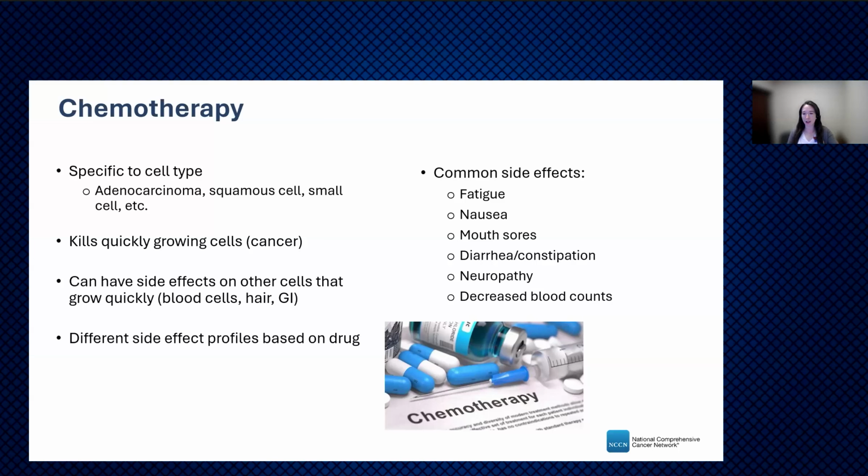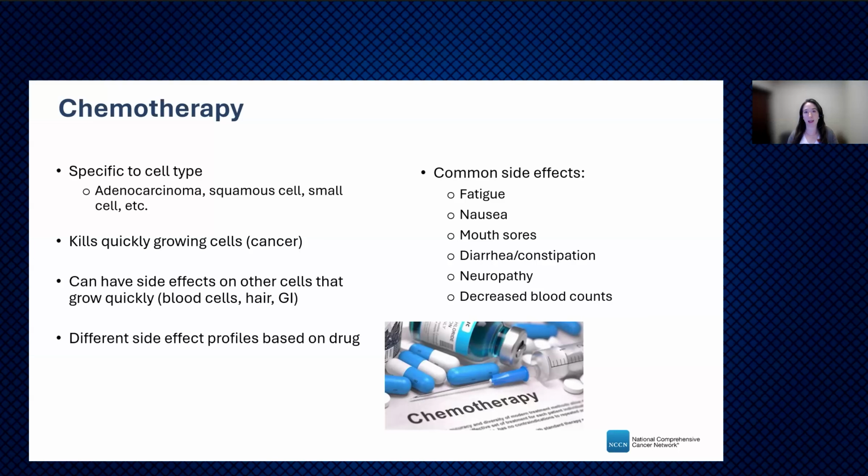I say diarrhea and constipation, opposite ends of a scale. I think patients can see either. And it's so important, you'll hear me say this multiple times, to communicate with your oncology team about how to manage those things. Specific to certain kinds of chemotherapy, you can have numbness or tingling in fingertips or feet. That's called neuropathy.